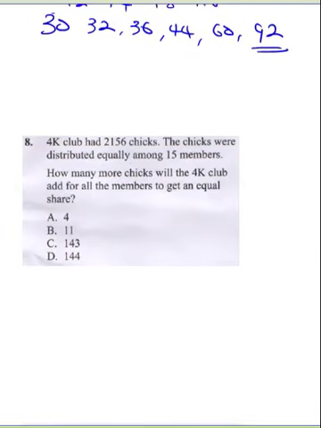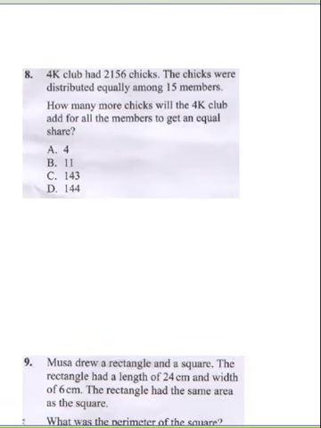Okay, so question 8 says 4K Club has 2156 chicks. The chicks were distributed equally among 15 members. How many more chicks will the 4K Club add for all the members to get an equal share?